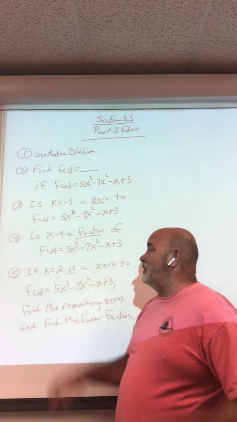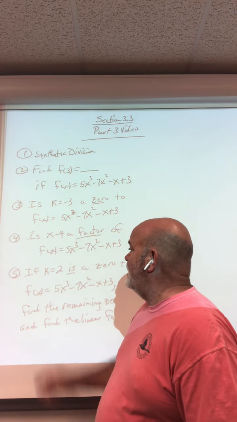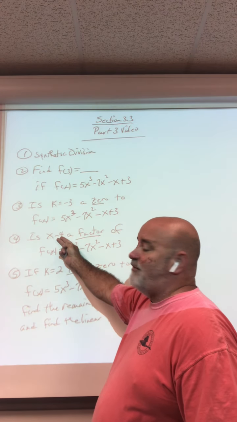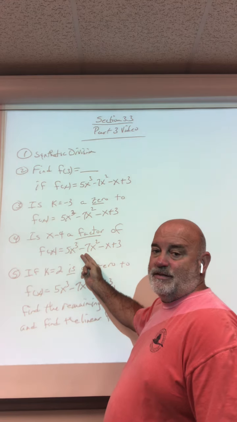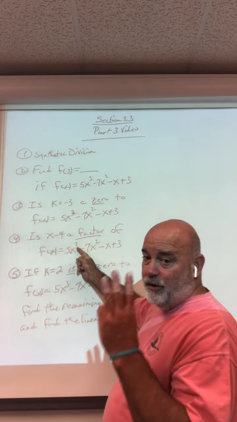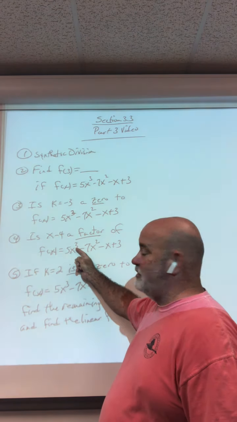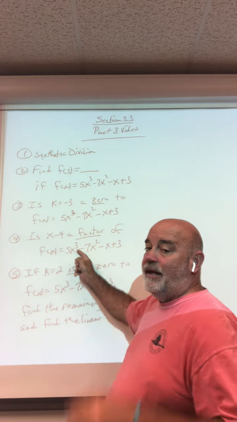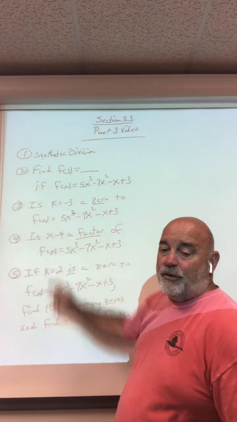All right, then we looked at another question. The question said this: is x minus 4 a factor of this? So in other words, if you could factor this third degree polynomial that has 3 zeros, that has 3 linear factors, would this be one of the 3?